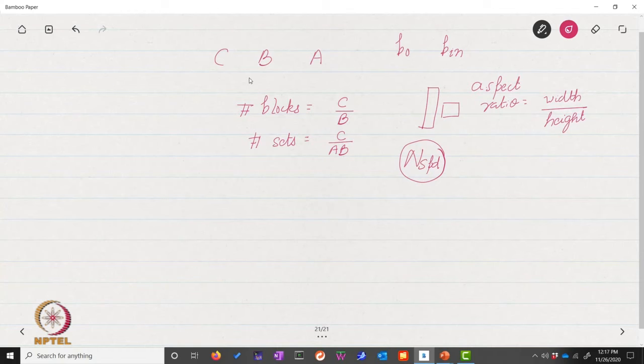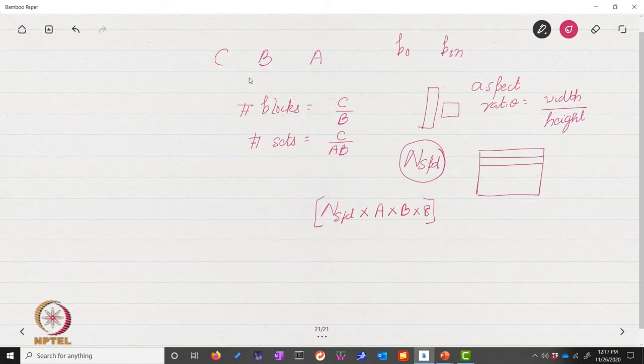So if this is a parameter, say every row of the data array will have NSPD sets. If it has NSPD sets, multiplied by the associativity, it will have this many blocks. Then let us multiply it by the block size, this many bytes, multiplied by 8, this many bits.